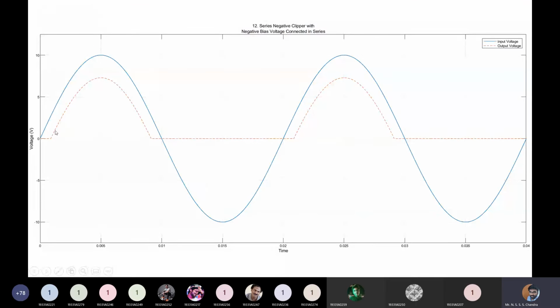So in this condition your diode is on, whereas here your diode is in off condition. When the diode is off, you are observing that voltage equal to 0 volts, whereas when the diode is conducting, the maximum value of the output you are observing is around 7.3 volts.